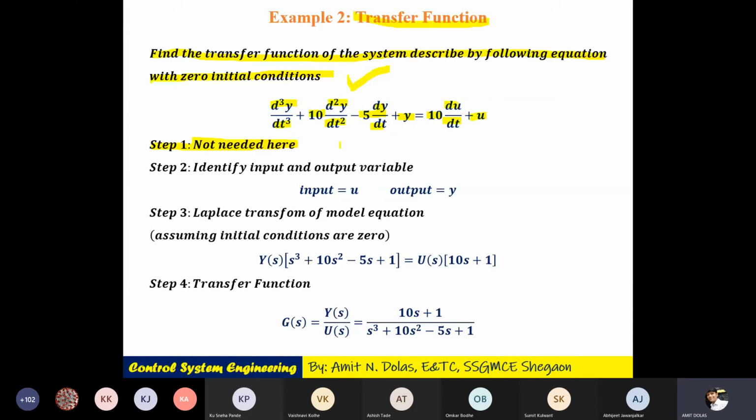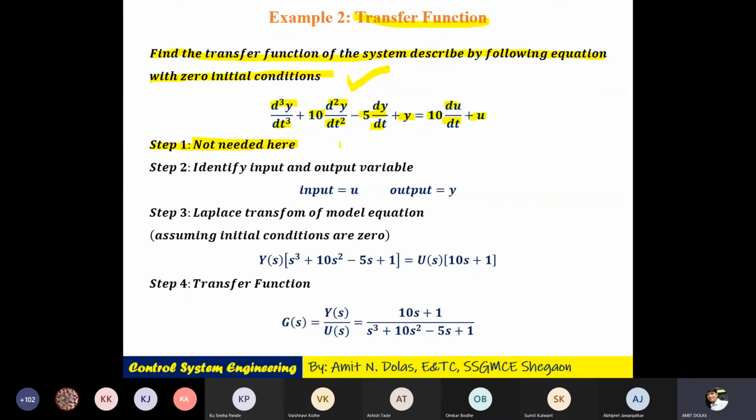Again, I want to point out one thing. If you have one system which is an electrical system, say RLC circuit, you have another system which may be, say, mechanical system, where force, friction, whatever is there.